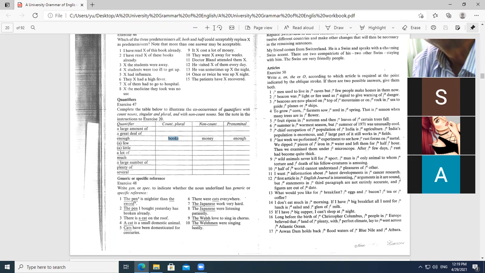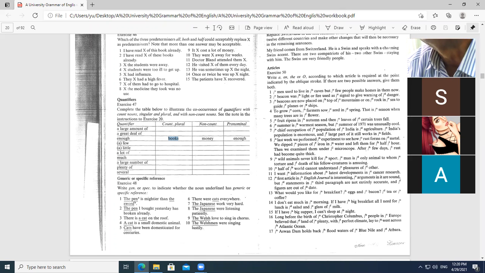Long before the birth of Christopher Columbus, people in Europe believed that a land of plenty with a perfect climate lay to the west across the Atlantic Ocean. Long before the birth of Christopher Columbus, zero article, people in Europe, zero article, believed that a land of plenty.